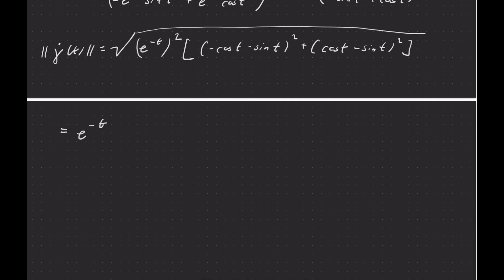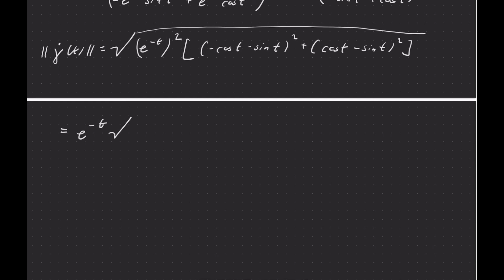And then for the terms inside of the square root, what we get here is, well, (minus cosine t minus sine t) squared. We can take out the minus squared here. So that's the same thing as (cosine t plus sine t) squared.